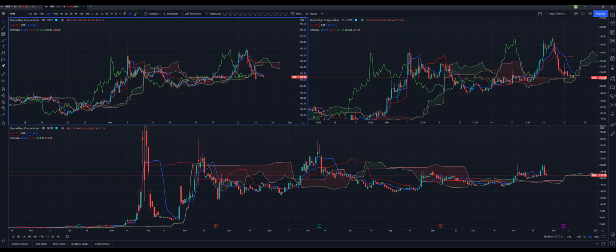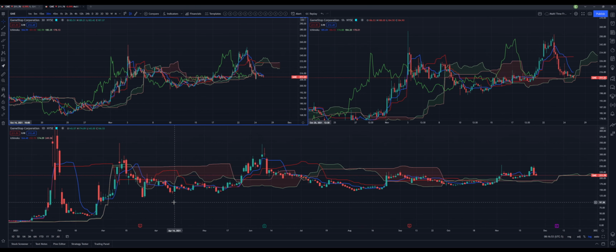On the daily chart here, going back to the beginning of 2021, you can see that this is a very, very strong uptrend that has battled through a lot of resistance despite its parabolic run. Most assets would not be capable of running a second time like this.